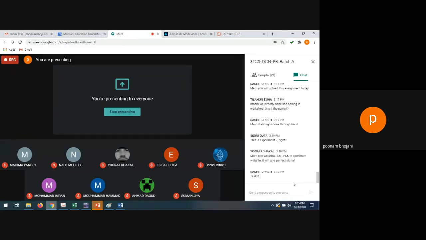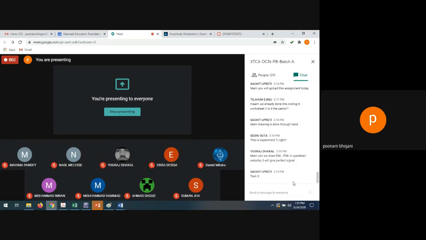And the 7th is line coding. Okay, so in the next lab, everyone, keep your doubts ready regarding experiment 7. If you have any doubt in the lab exercise questions, then we will solve it in the next lab, as well as we will do experiment number 8. So kindly keep your doubts of experiment 7 ready.